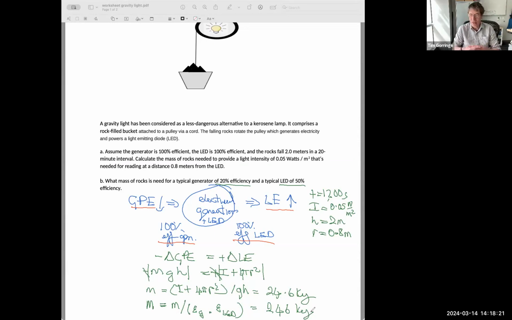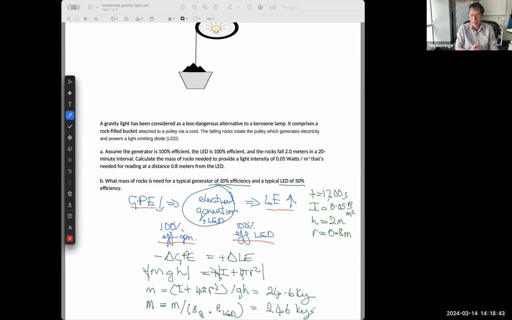So now this great idea of the gravity light starts to look like, from a practical point of view, not quite such a good idea. We're now going to have to lift up 246 kilograms.